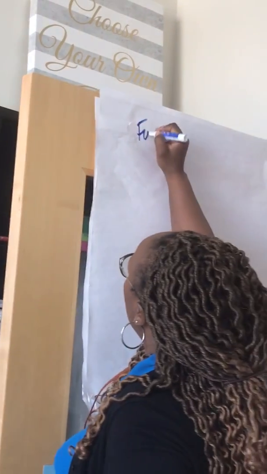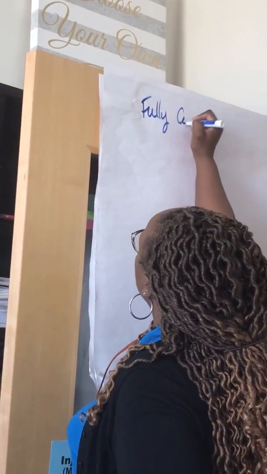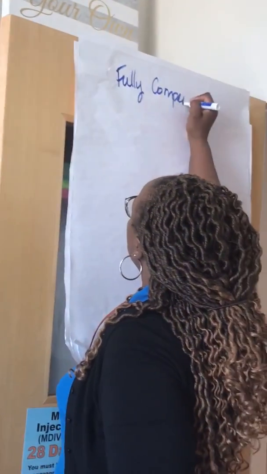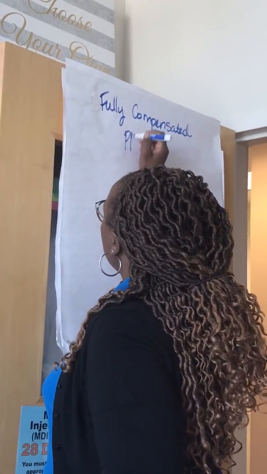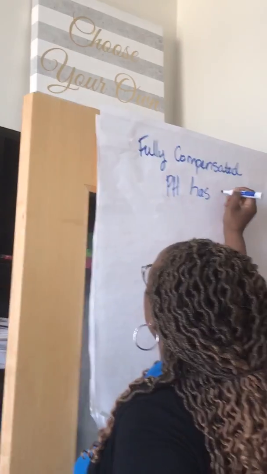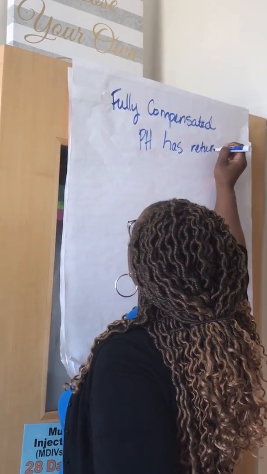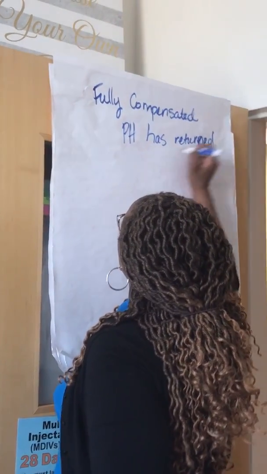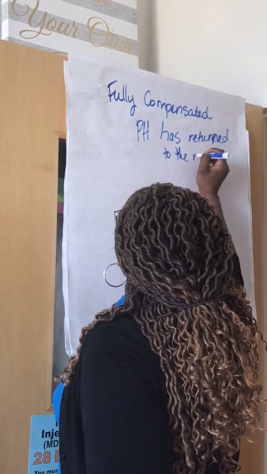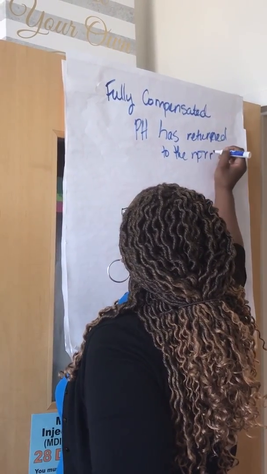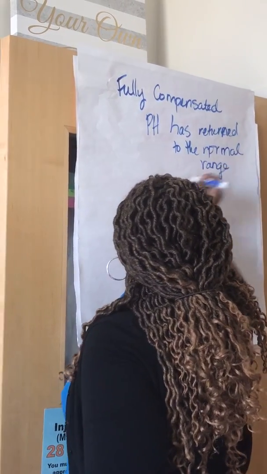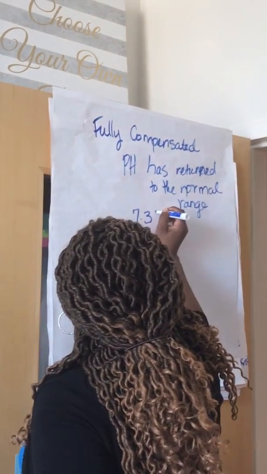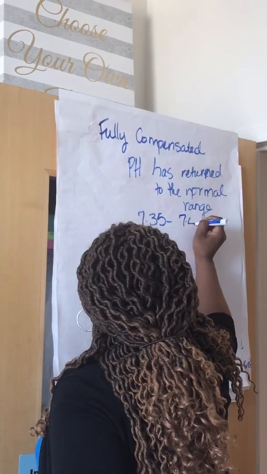So fully compensated means that the pH has returned to the normal range, 7.35 to 7.45.